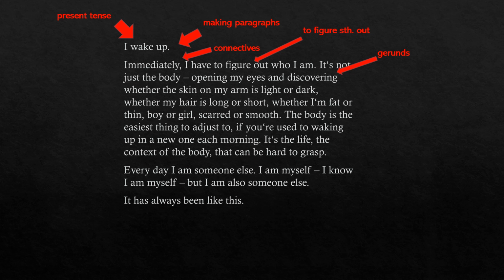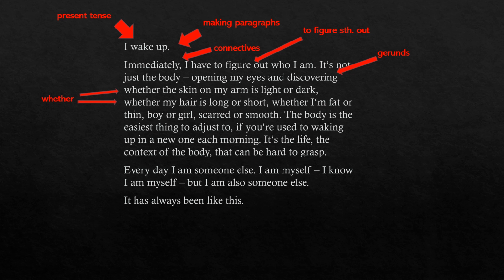It's not just food, it's putting it into your mouth and chewing it and swallowing it that is so pleasant. It was not only looking at her, it was also listening to her voice and smelling her perfume that made me fall in love with her, or whatever. Yeah, you make sentences like that and practice using these gerunds.